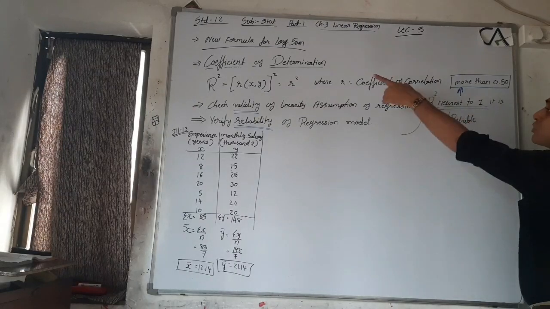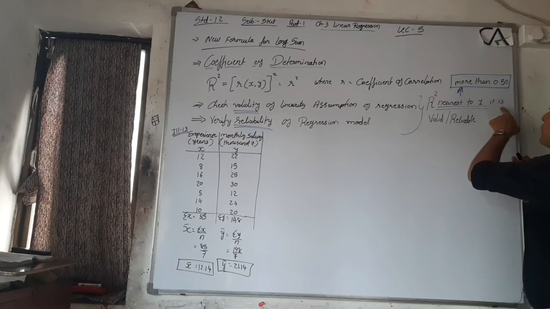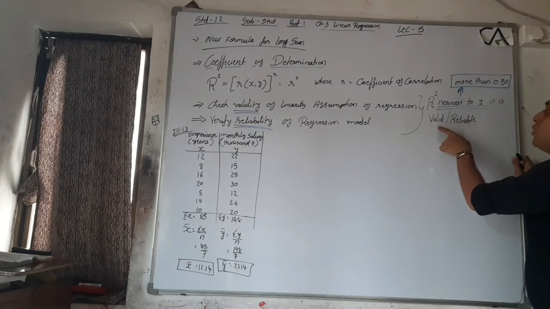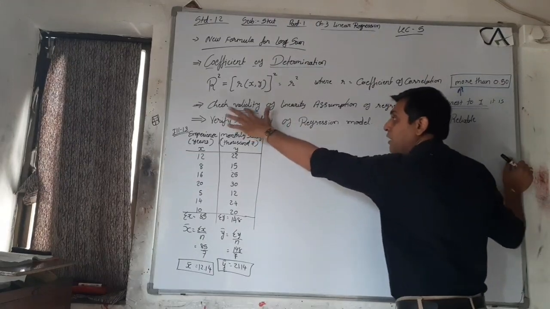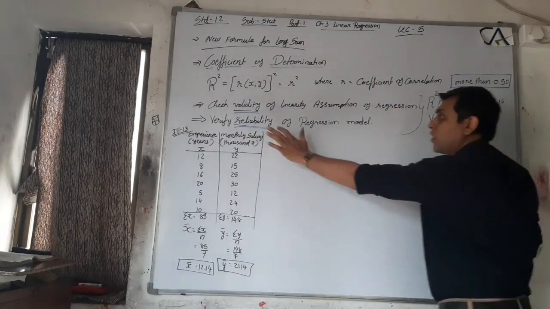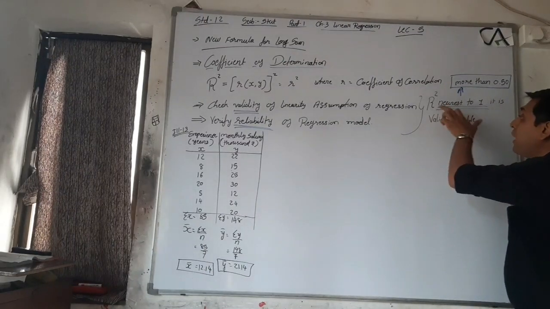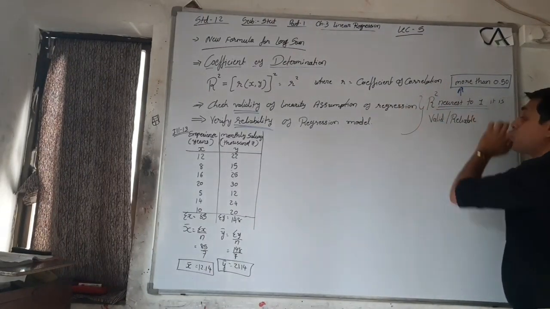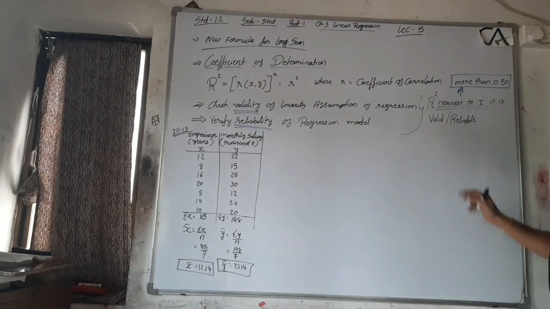if your R square, that is the coefficient of determination, is nearest to 1, then it is valid, or you can say it is reliable. If the question is about validity, then you write valid. If the question is about reliability, then you write reliable. What does that mean? That R square is nearest to 1. Underline this: nearest to 1, it is valid.